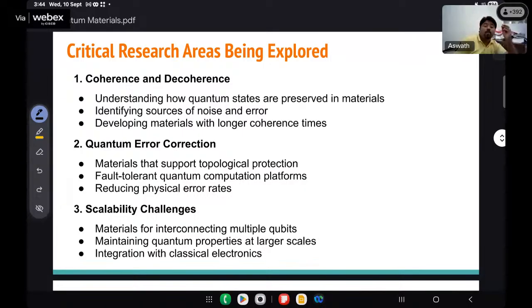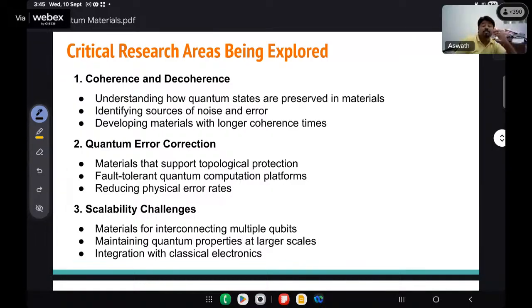While working, you should also find out where exactly the noise is coming from, how the errors are occurring inside this material, and how the qubit state, which is supposed to behave as a nice quantum state, is not behaving as per a normal quantum state, having some noise. We need to identify that, and we need to develop materials with a longer coherence time. So the T1, T2, which we discussed yesterday: T1 corresponds to the lifetime of the electron existing in the excited state, and T2 is the lifetime of superposition existing for a given quantum state.